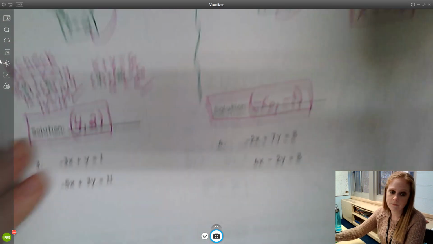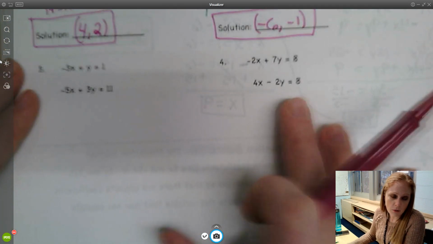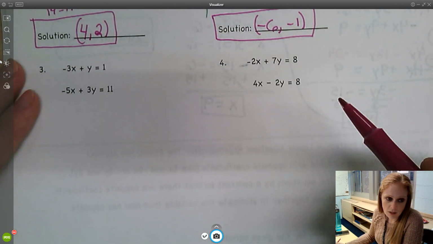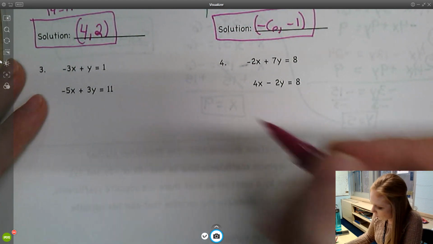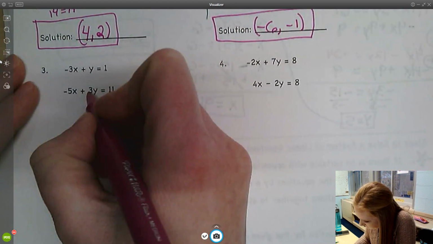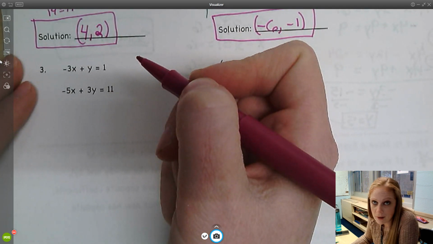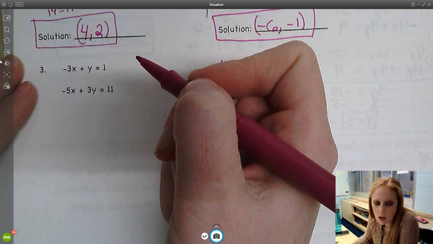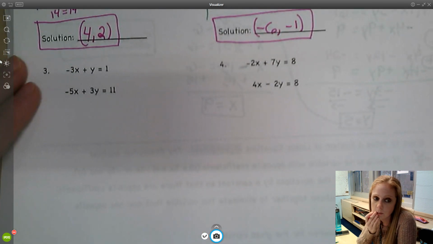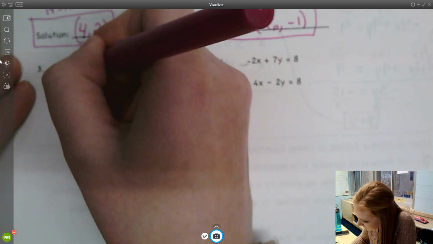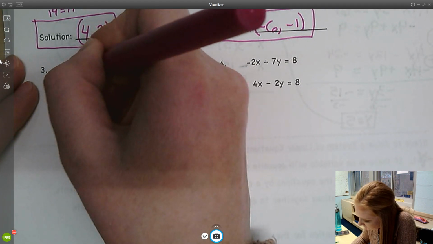Moving on. All right, so for number 3, do we see anything that's going to eliminate right away? Nope. But what can we manipulate here? 3 and 5, I don't really see anything you can multiply by to make those additive inverses, but the y's are easy to work with. I want this y to be a negative 3y.